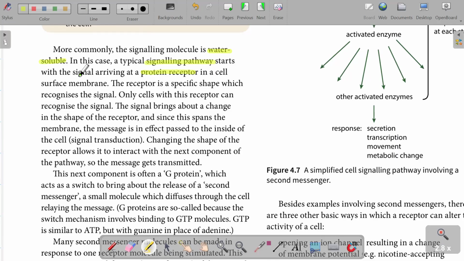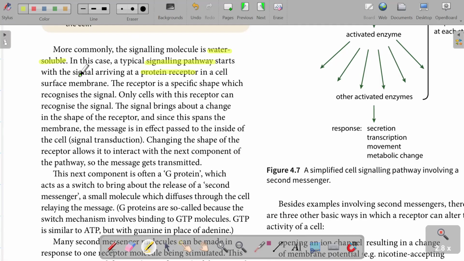I told you about the ligand receptor in the previous lecture, if you remember. That was the protein receptor. You remember the function? They receive the signaling molecules. And what was the specific name for that?